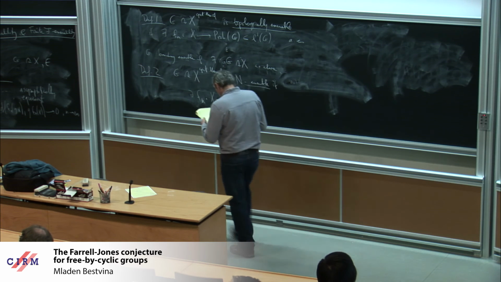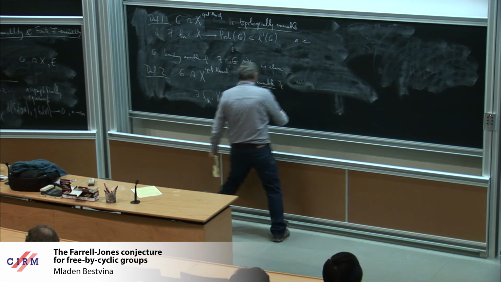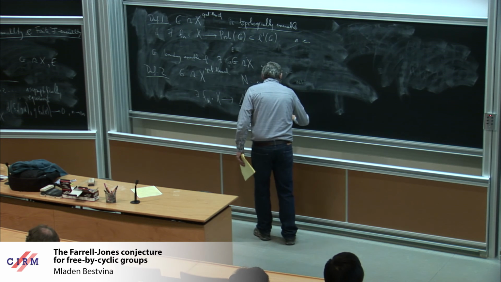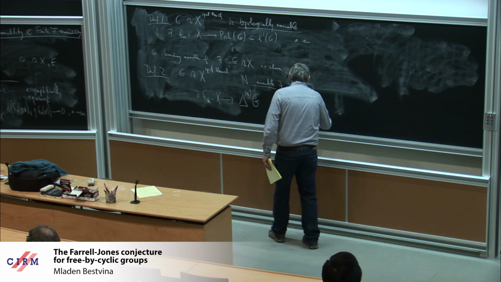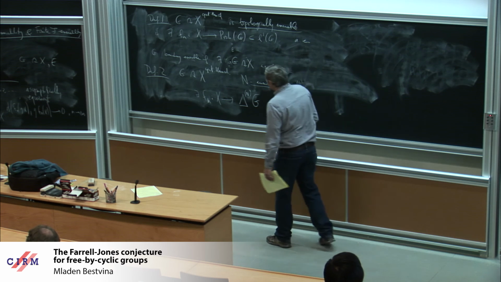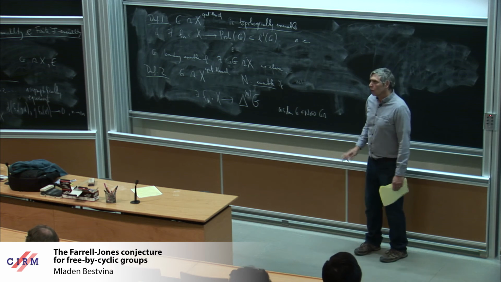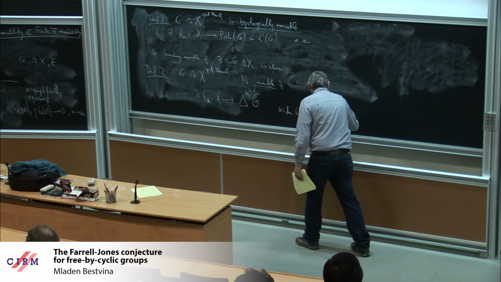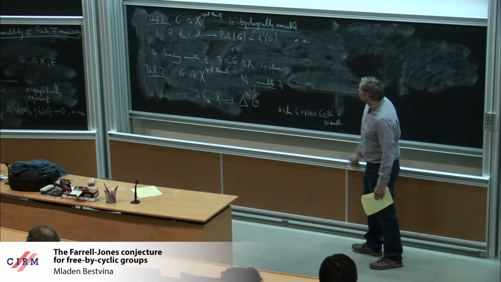And it's a theorem of Guentner, Willett, and Yu that the asymptotic dimension of G is less than or equal to n if and only if the action of G on, now are you ready for this, the Stone-Čech compactification of G is n-amenable. So somehow the Stone-Čech compactification is the universal thing here.